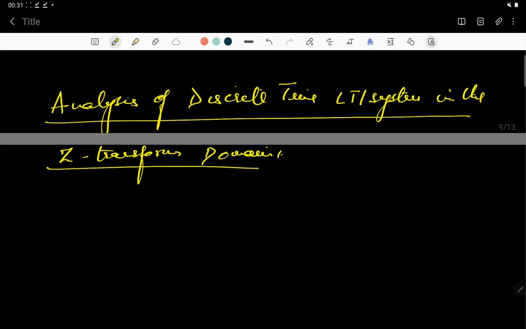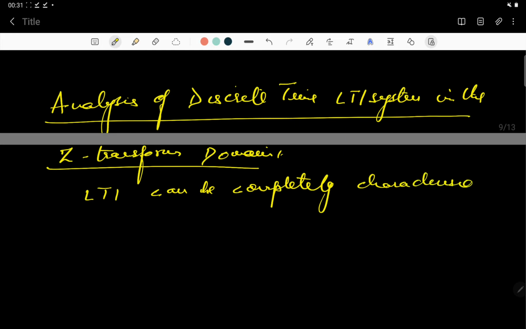So it was earlier stated that a linear time invariant system, LTI system, can be completely characterized by its impulse response h[n].